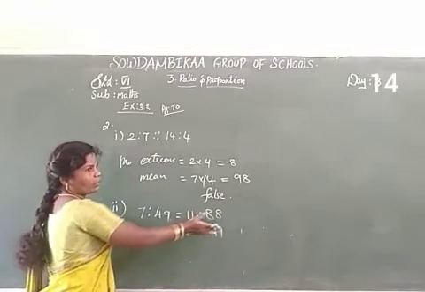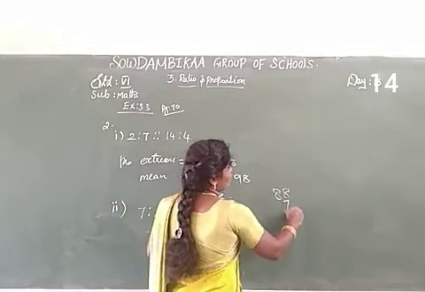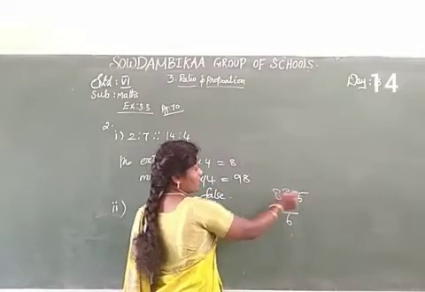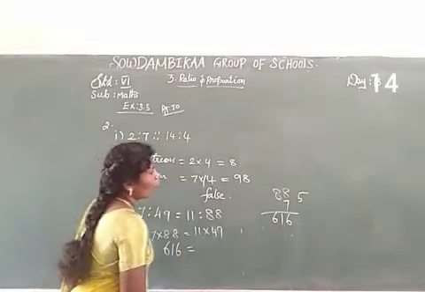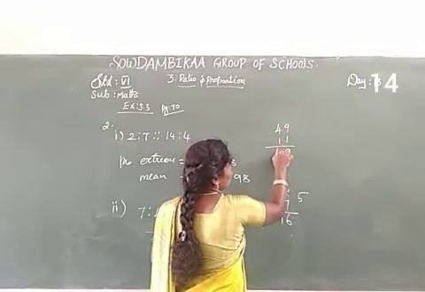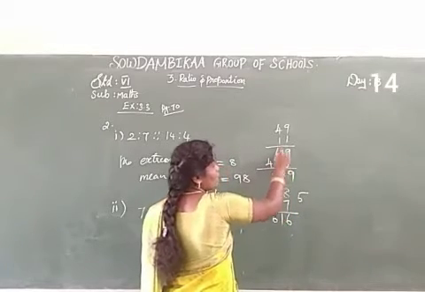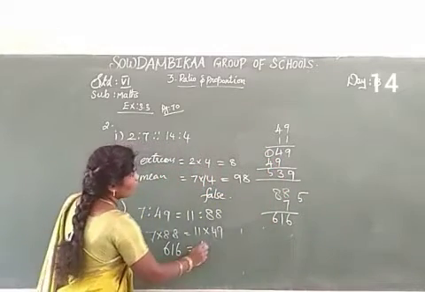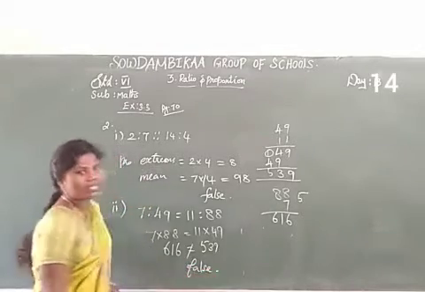This is the product of extremes, this is the product of means. 8 sevens are 56. Remaining 5. 8 sevens are 56, 616. Now multiply 49 by 11. 1 nine is 9. 1 four is 4. 4 plus 9 is 13. Remaining 1. 4 plus 1 is 5. 539 is not equal. The second one is also false.